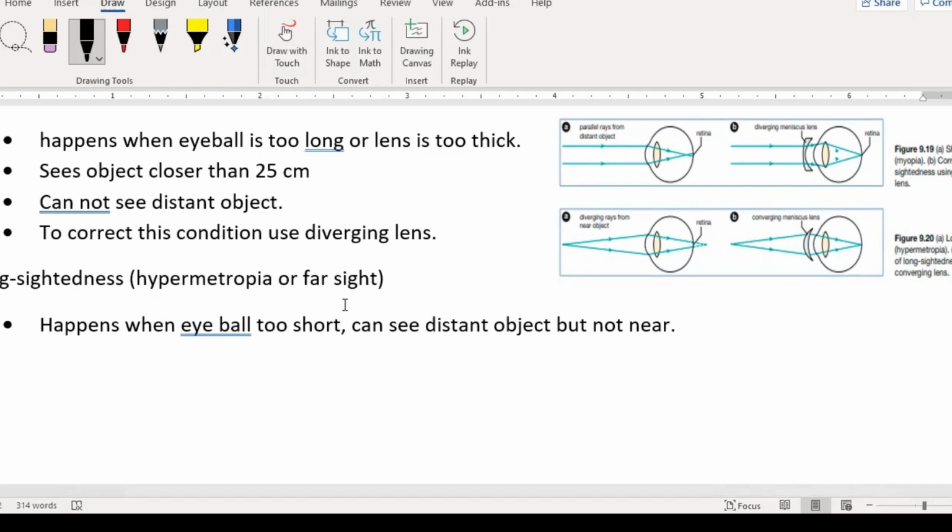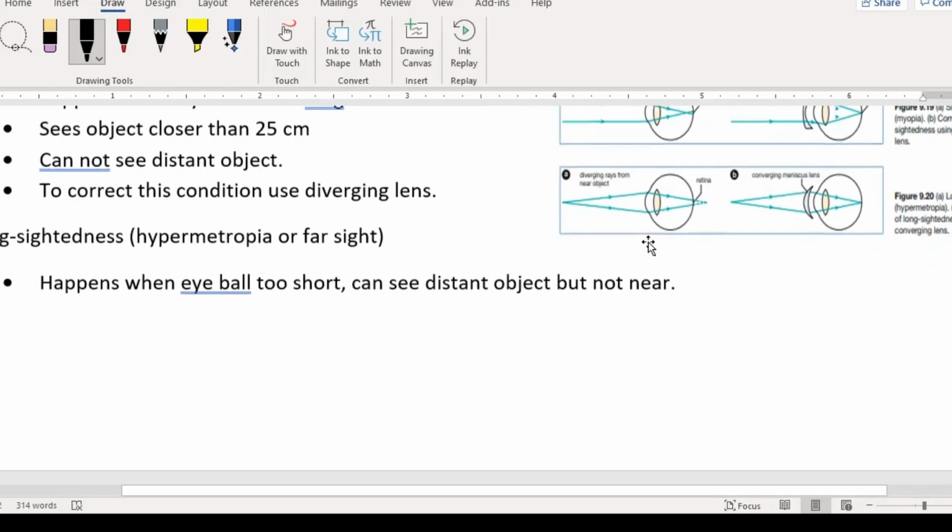When the person is viewing near objects, what we find is that those light rays will fall behind the retina, or the light rays would generally want to converge behind the retina. To fix that, we have to use a converging lens.